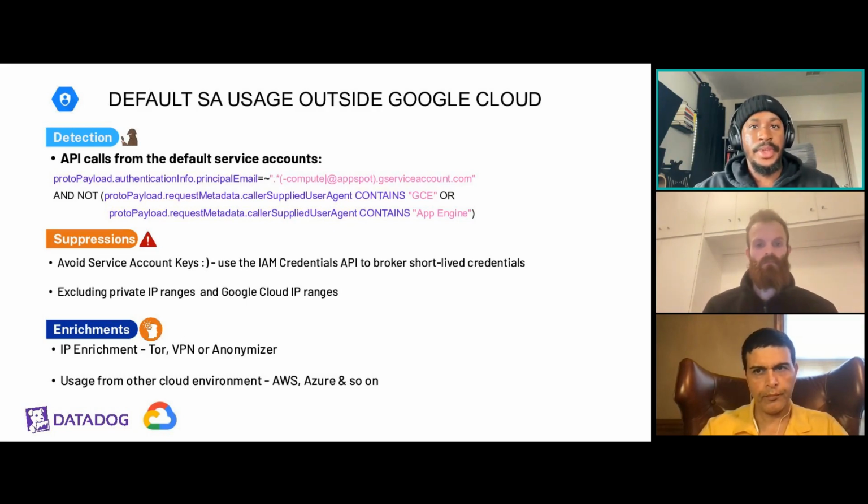You could use different indicators such as if that activity is occurring from a Tor IP address, a VPN, an anonymizer, or from another cloud environment that you don't expect to see activity from within your Google Cloud environment. The goal here is just to look for what is malicious in terms of a Google Cloud service account authenticating or performing activities within your Google Cloud environment, but having the activity originating from outside of your Google Cloud environment.